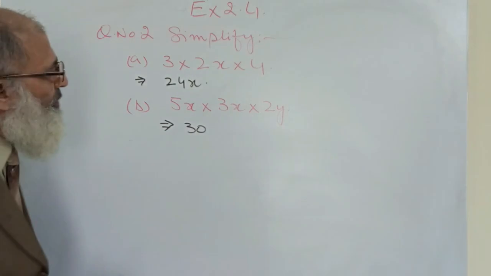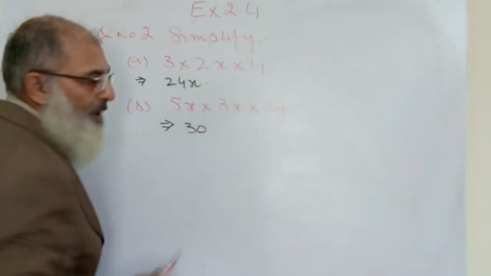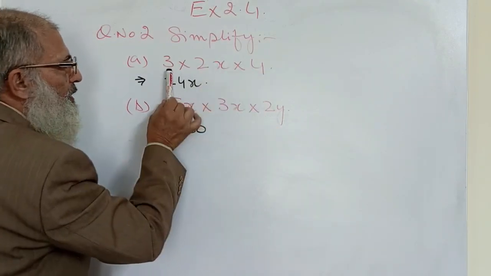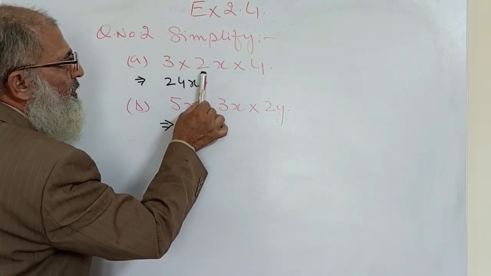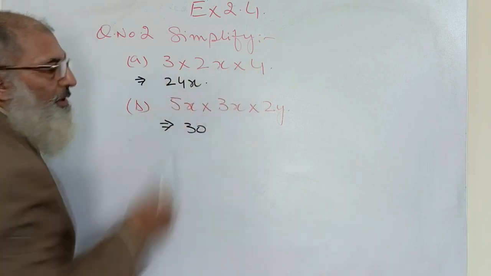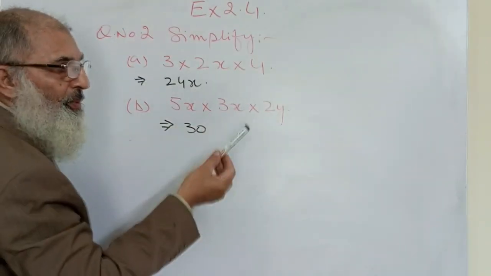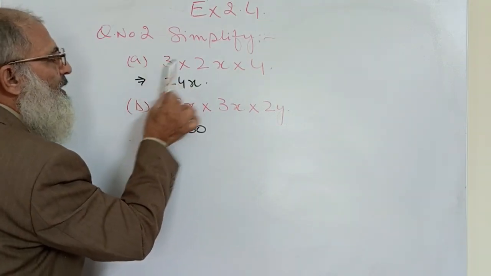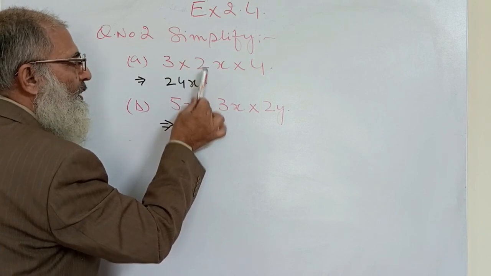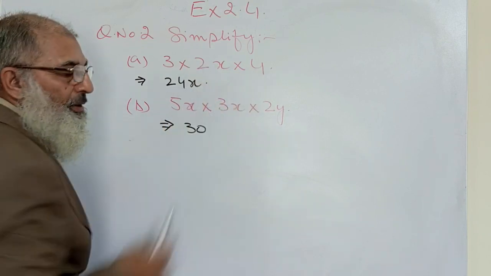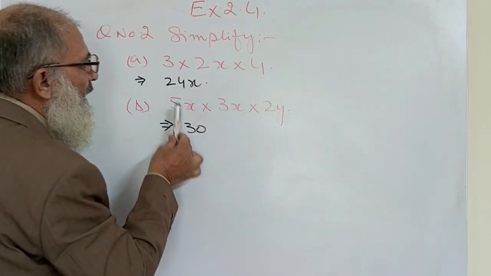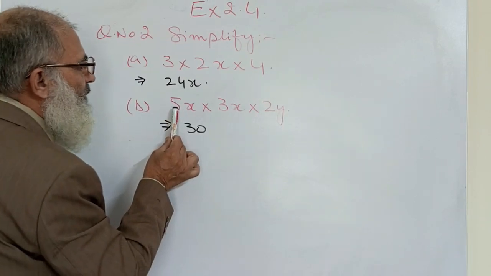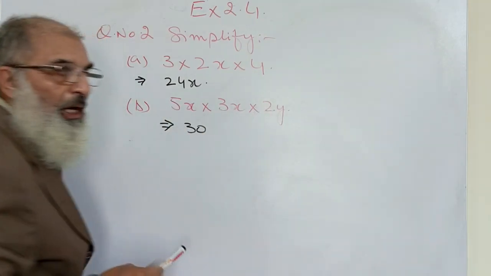There is no ambiguity in multiplying the coefficients, or a coefficient with a constant. This was a constant, this was a coefficient over here, and these were the constants over here. It is all crystal clear that we can multiply a constant with a coefficient or a coefficient with a constant.